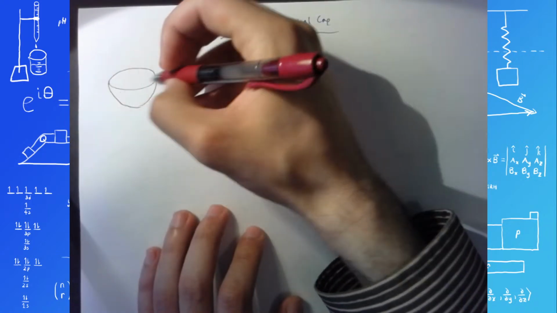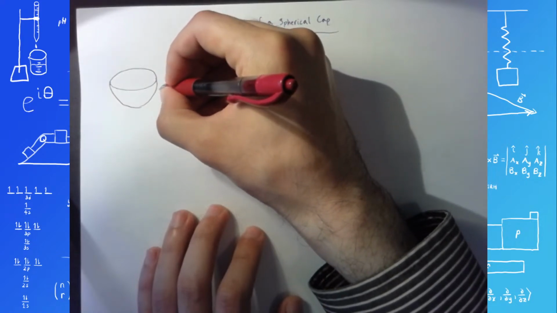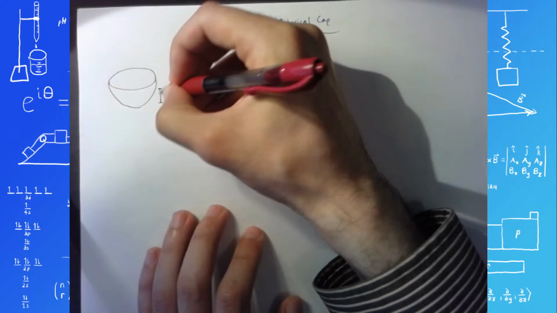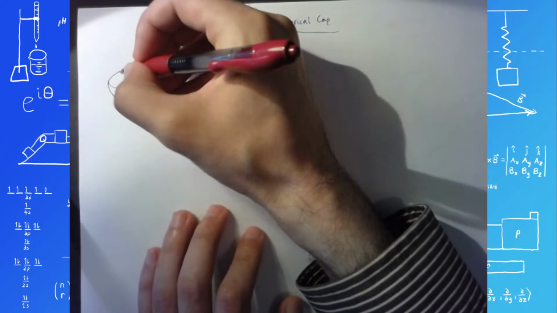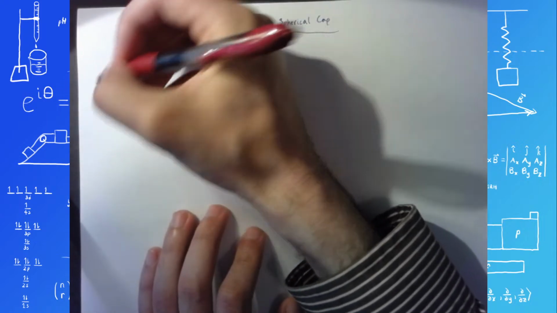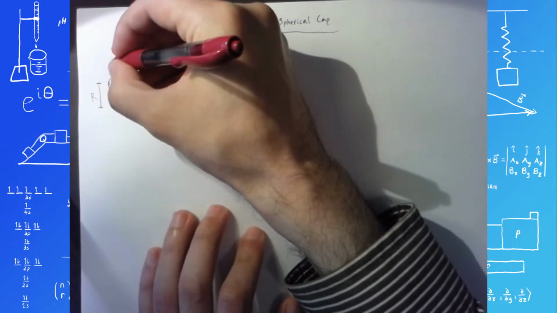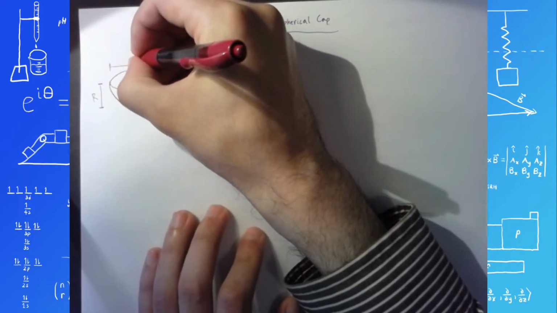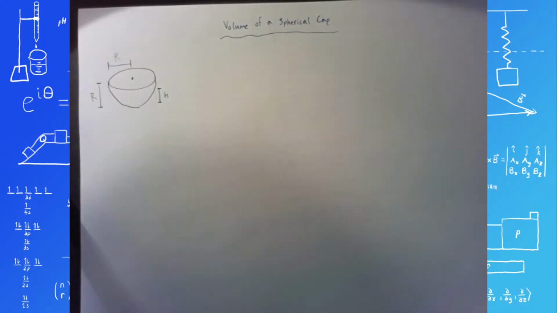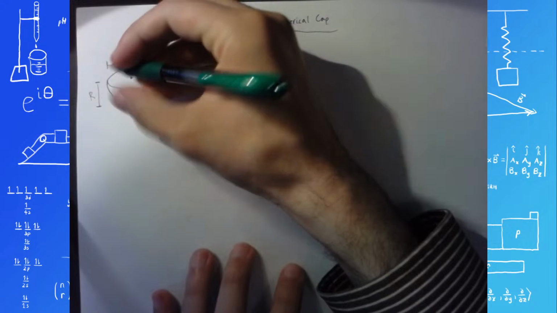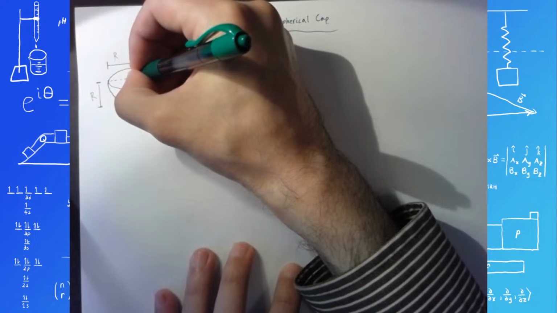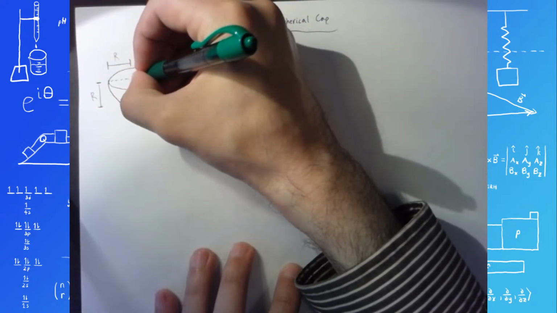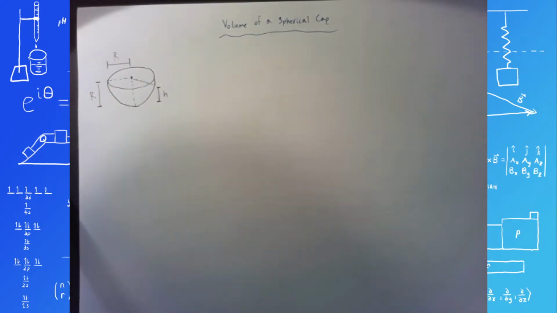And I want to figure out, if I fill it to some height h, which is less than its radius, I'm going to call its radius big R. That should also be big R, whether I go in this direction or in this direction or in any direction really, that distance from the center to the edge of the sphere should always be big R.